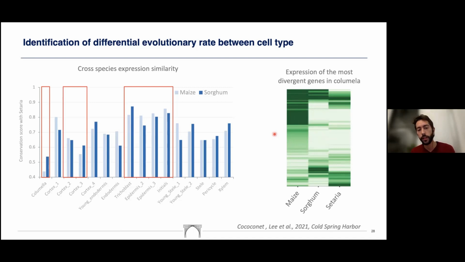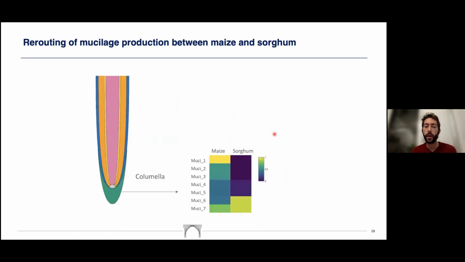And so mucilage is an extremely important component of the root system in maize, and especially for microbiome interaction or nutrient uptake. And so when we look at mucilage genes, here's just an example of mucilage genes that have been mostly characterized in Arabidopsis, for example. So here are the orthologs.